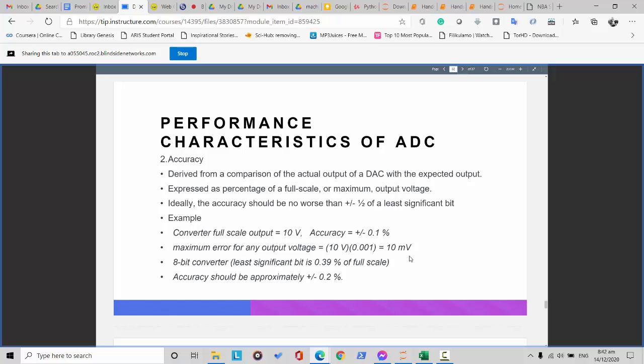So that will be equal to 10 millivolts. So for an 8-bit converter, the least significant bit is 0.39% of a full scale. So the accuracy should be approximately plus minus 0.2%. Okay, that's how we compute for the accuracy.